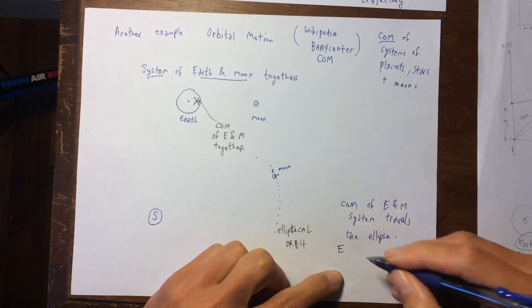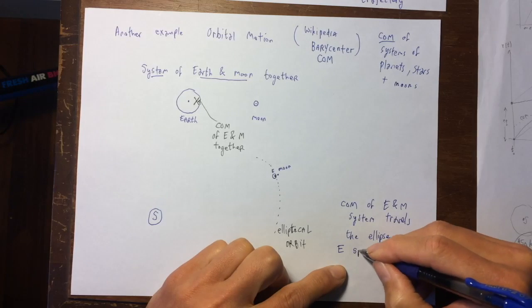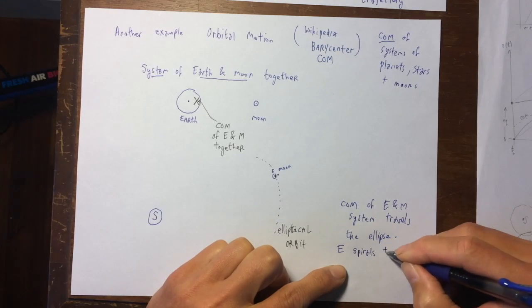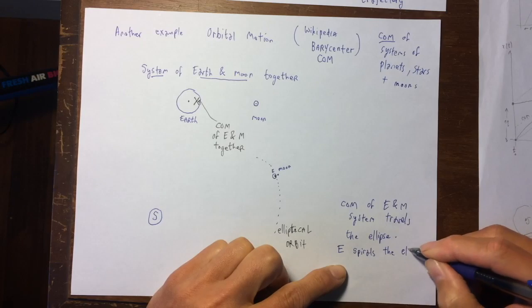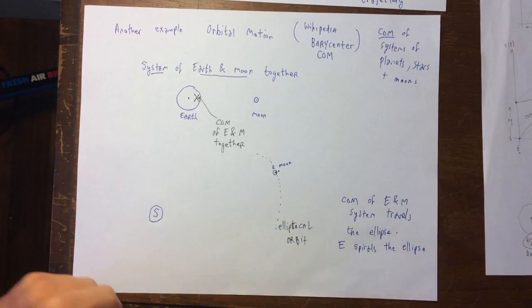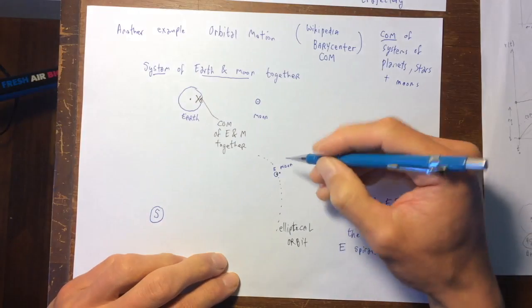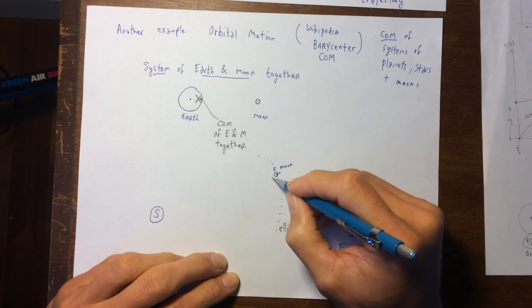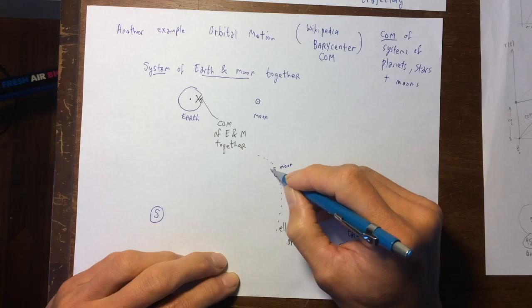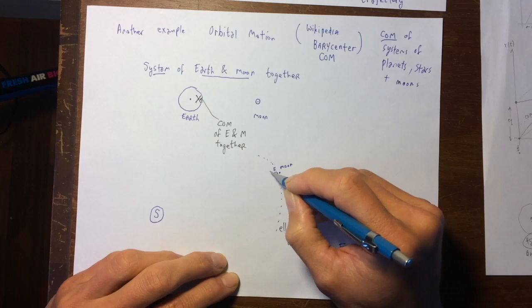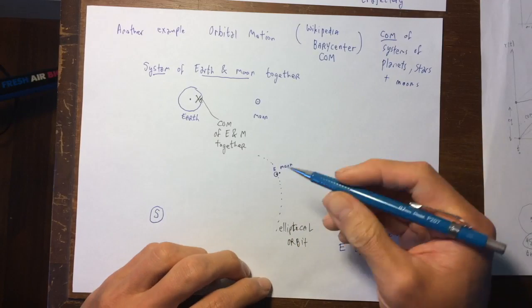The Earth, in a sense, spirals the ellipse. So the Earth's path is interesting. It goes like this because, right, the Moon goes around the Barycenter of the Earth-Moon system.